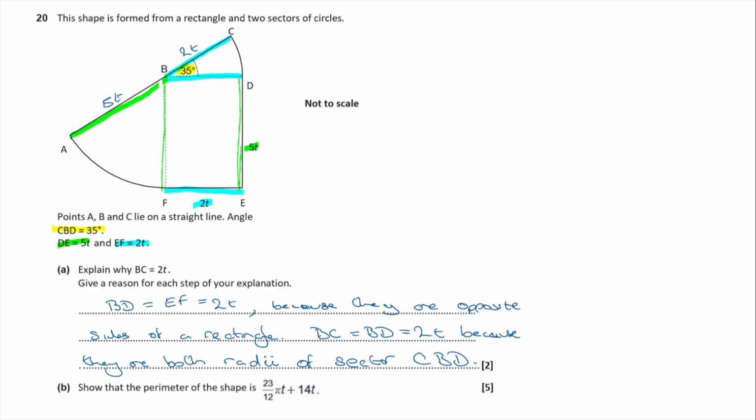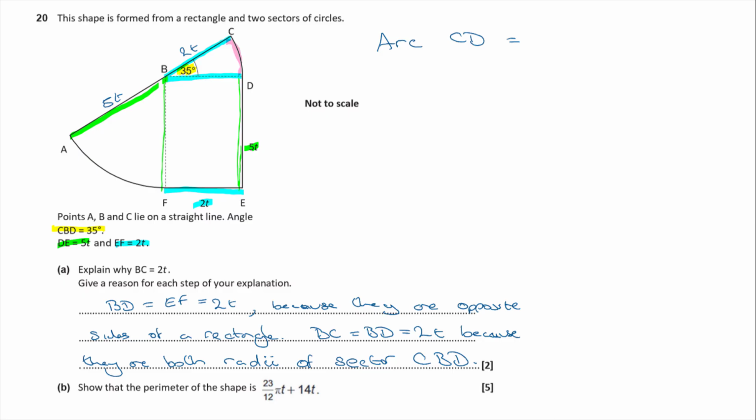And then what we really need to do is find those two arc lengths, don't I? I need to find arc length CD and arc length AF. All the others I seem to know now. So let's find arc CD first. This part here, look, that's the arc of this sector, which has got a radius of 2t and an angle at the center of 35.